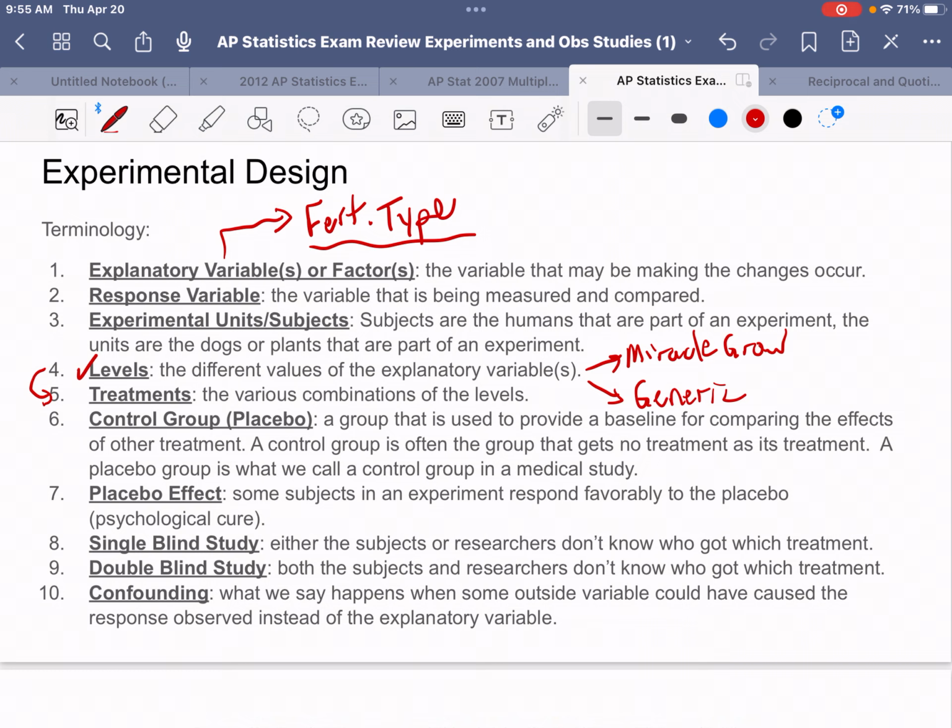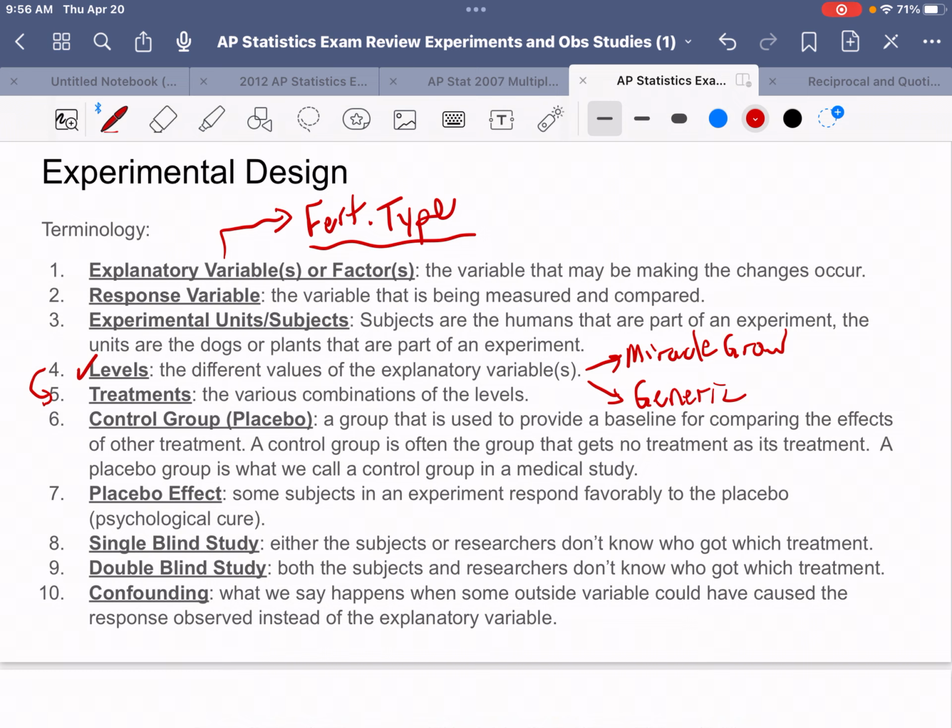You can have entities outside of the experiment, like, for instance, the pharmacists, who can randomly assign subjects to get the new drug or the placebo, and they do not reveal who got what drug during the course of the experiment. So double blinding, the researchers and the subjects don't know who got what treatment.